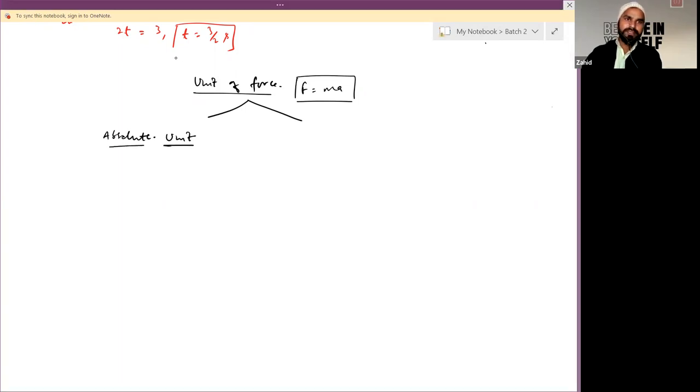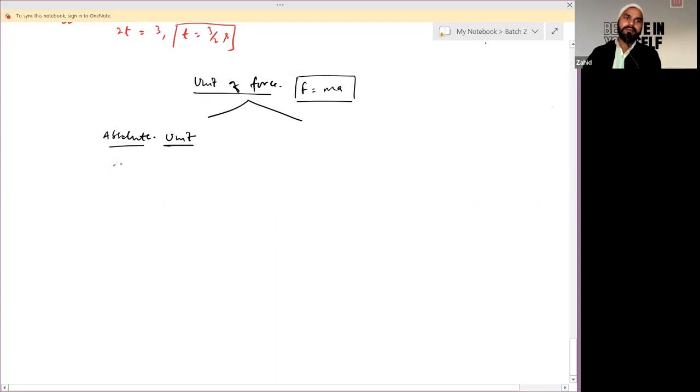In terms of SI unit, mass equals to 1 kg and acceleration equals to 1 meter per second square. So if you put these two terms in this part, you will get force as 1 Newton. So it will be 1 kg meter per second square in terms of SI unit.